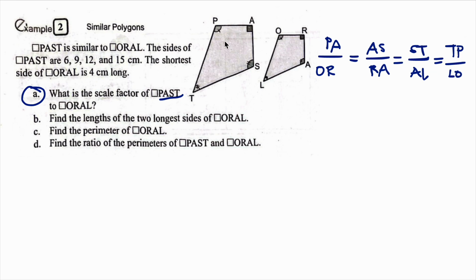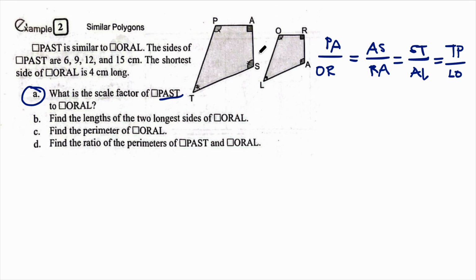These are the things we did earlier: the ratio of PA over OR is equal to AS over RA, also equal to ST over AL, and also equal to TP over OL. So this is what we did earlier.